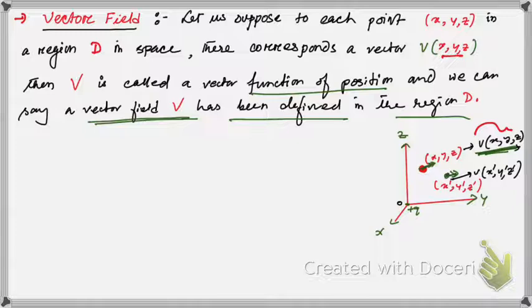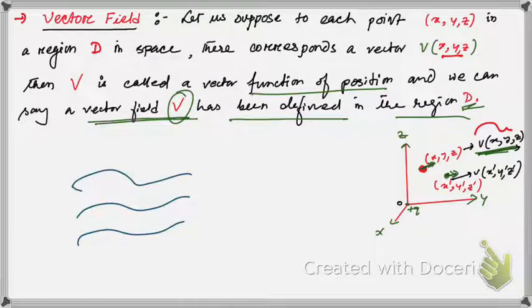Then v is said to be the vector field on this region D. Let me take another example. In a fluid, if you find the velocity at any point, that is also a vector field. Suppose water is flowing in a river, and at a particular point you have calculated the velocity at a certain time.